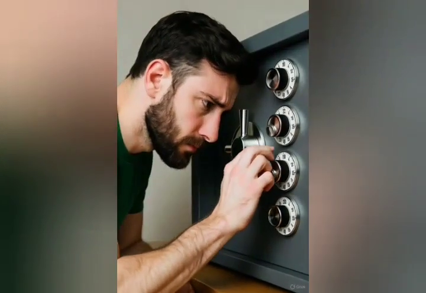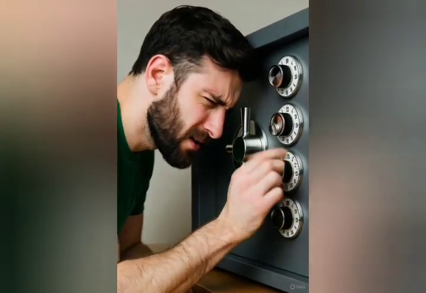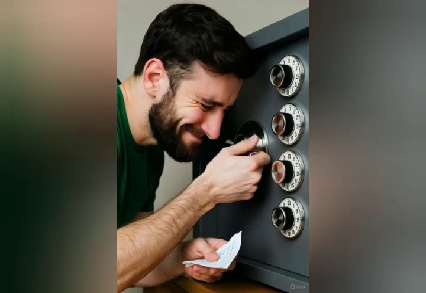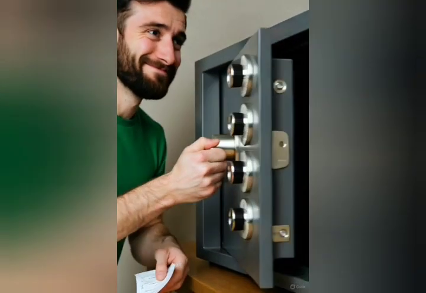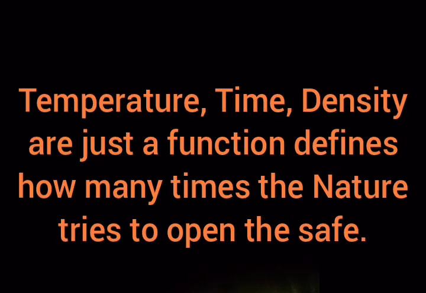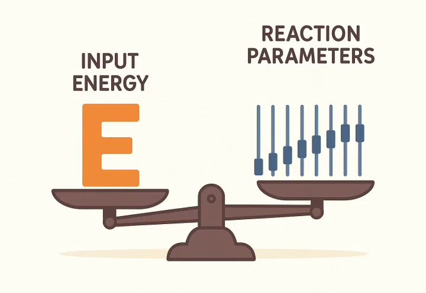What distinguishes the successful combinations from the trillions of others? From nature's viewpoint, nothing. Temperature, time, and density are simply functions of how quickly nature searches through combinations. In practice, these parameters become megajoules of input energy.